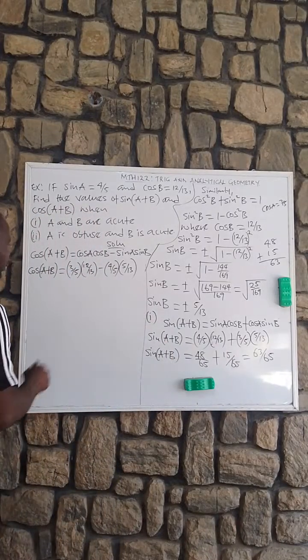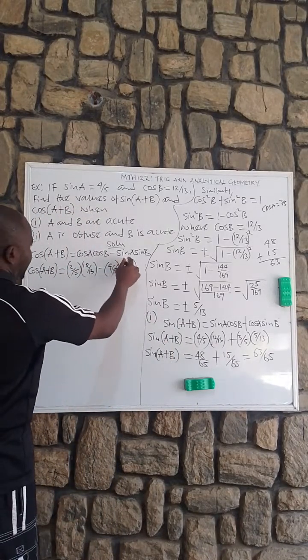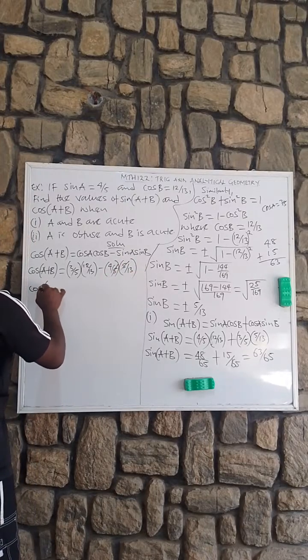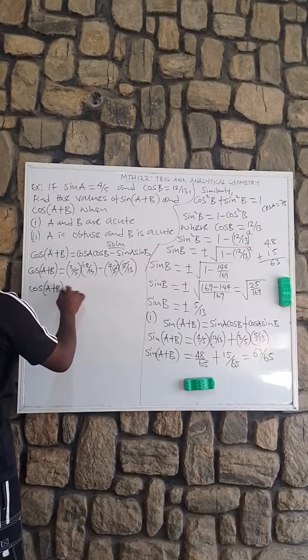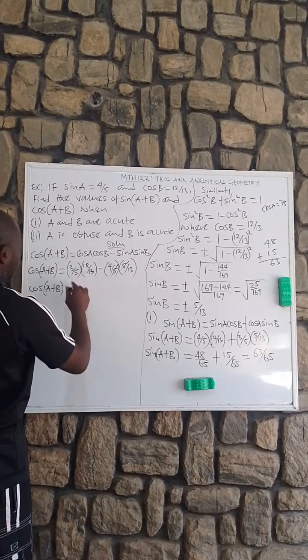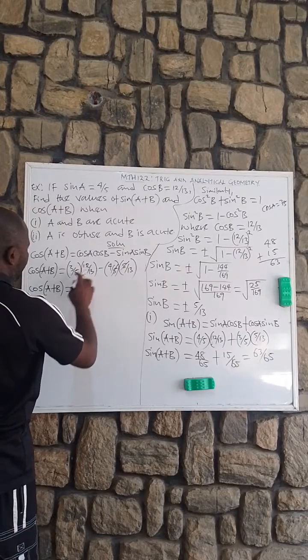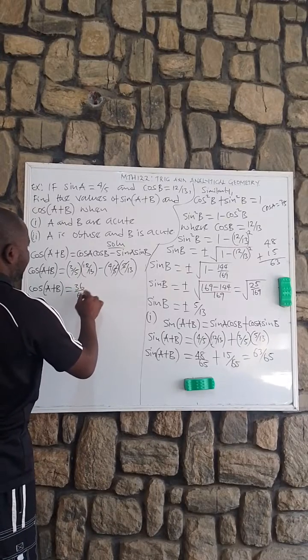Yeah. Here, if you can see what I'm saying, this and this will cancel. Then our cos A plus B will be equals to this one times this is 36 all over what? This one times this, 65, right?